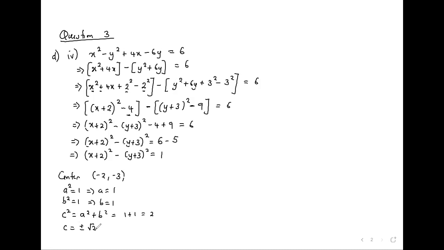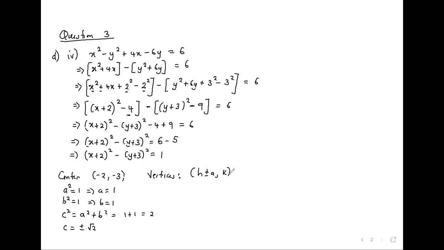And then we now get the foci. We can start with the vertices. The vertices, it is on the x-axis and it has been shifted. The vertices are (h ± a, k).